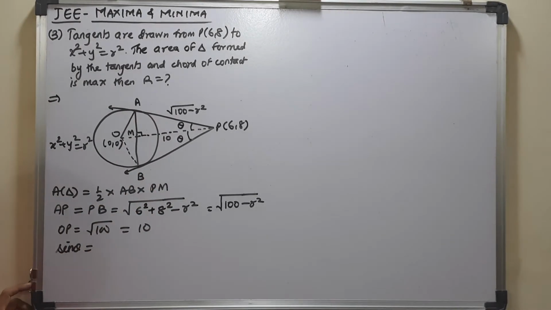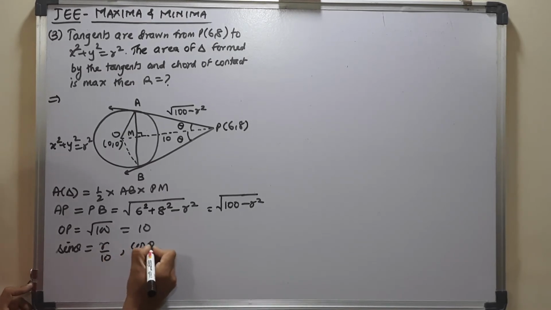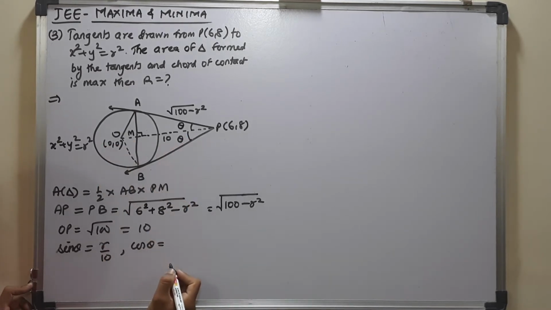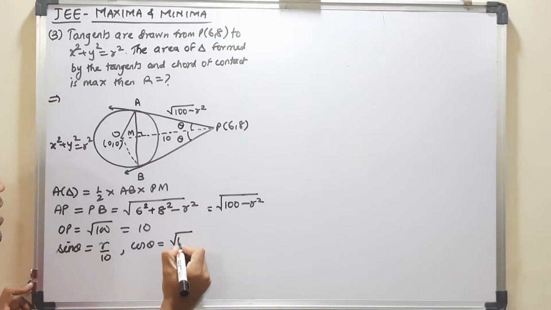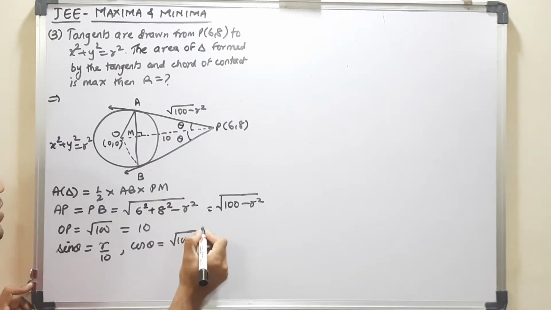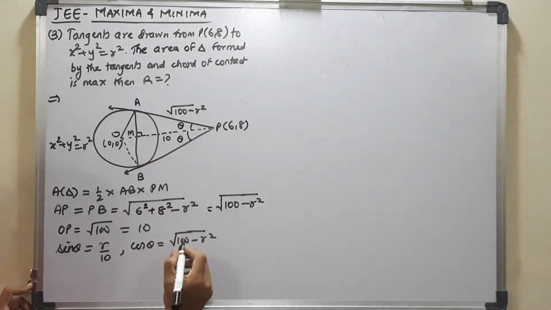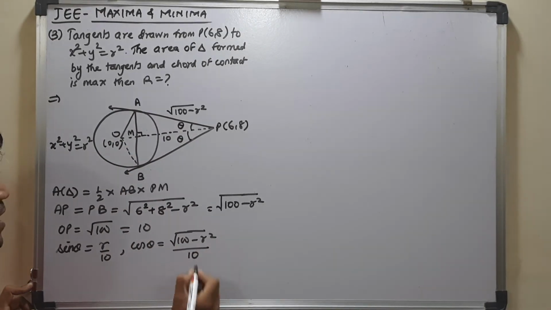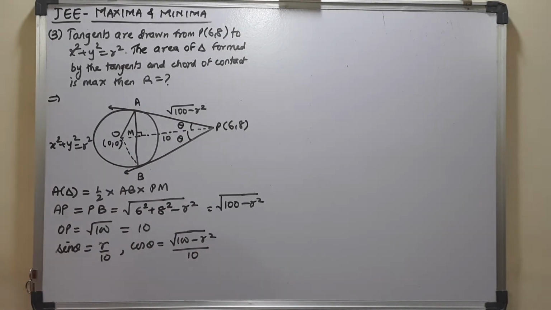So sine theta is r by 10, and cos theta is adjacent to hypotenuse, that is under root 100 minus r square by 10. This is your sine theta and cos theta.